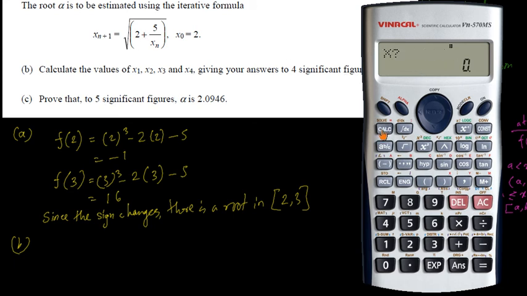If you press the calc button, that means the calculator has loaded the entire equation into the memory, and you have to put the value of x. Now n plus 1 here at the subscript means the next value of x, n means the previous value. So x naught is 2.